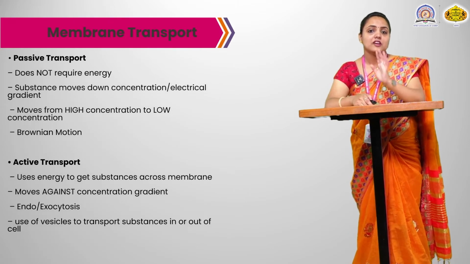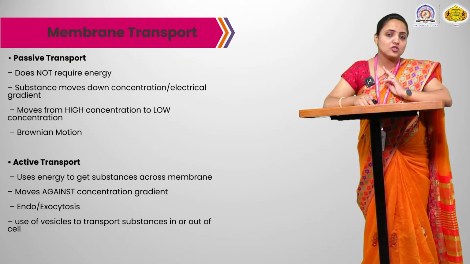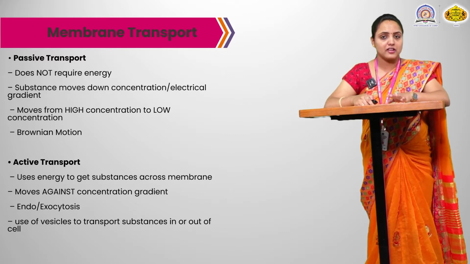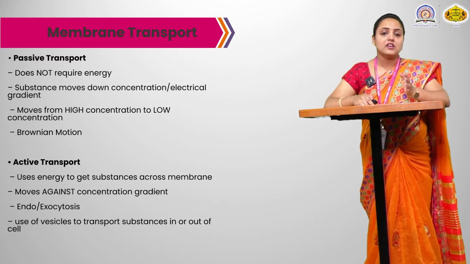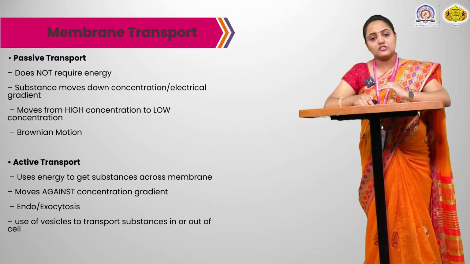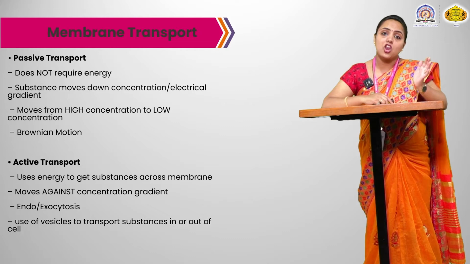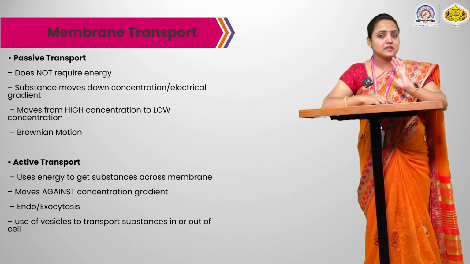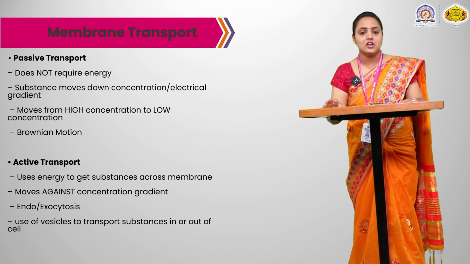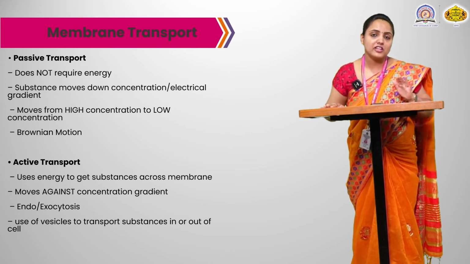Membrane transport: we have already discussed that there are two types of transport mechanism. One is the passive, and the second one is the active type of mechanism. In passive, it doesn't require any type of energy. Substances move down the concentration gradient, that is, they move from the high concentration to the low concentration. That is the Brownian motion.